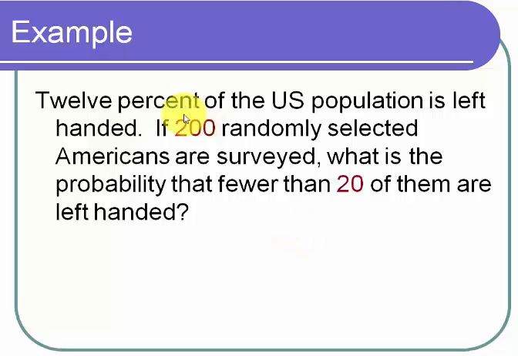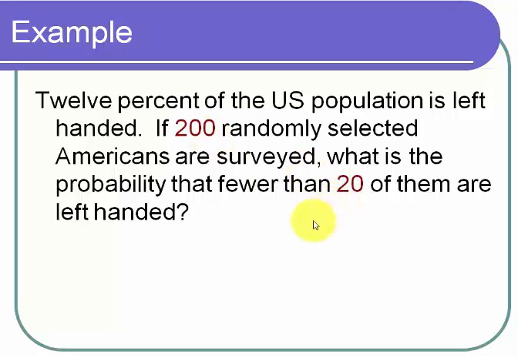Notice that if we take np, that's 20, and that's bigger than 5. And nq, that's 180. 200 minus 20 are the number of righties, or ambidextrous, which would also be bigger than 5.